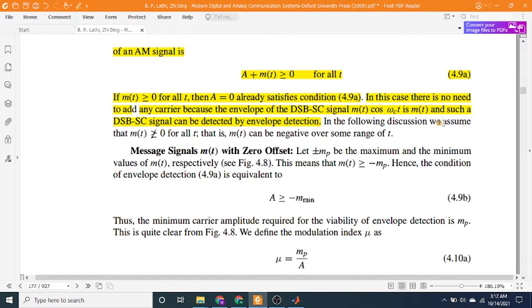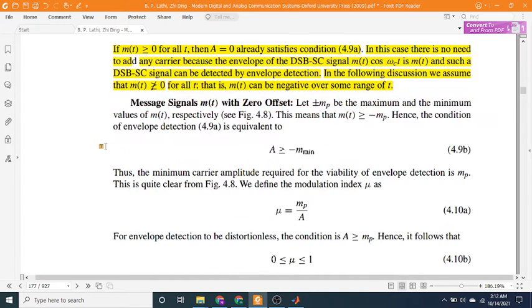In the following discussion we assume that m(t) is not ≥ 0 for all t, that is, m(t) can be negative over some range of t. For message signals m(t) with zero offset, let plus or minus m_p be the maximum and the minimum values of m(t), respectively, see Fig. 4.8.